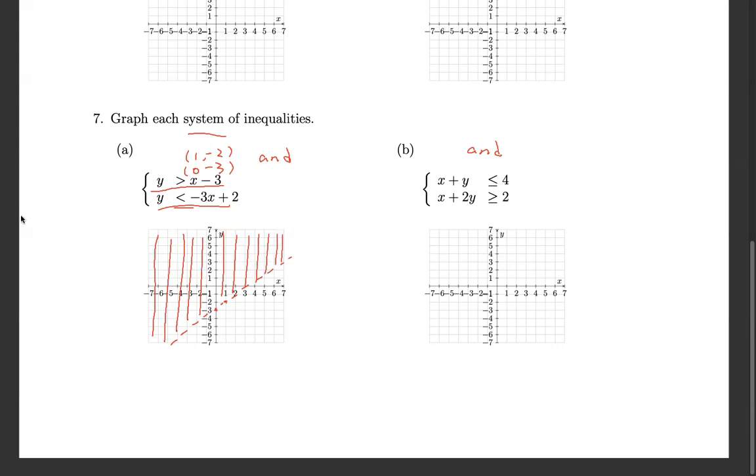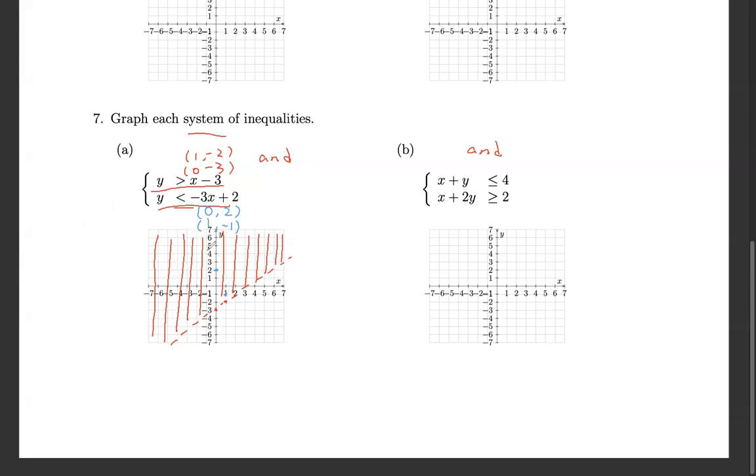Now let's use blue color. For the second one, if x equals 0, we see y equals 2, and we get this point. If x equals 1, we get -1, because -3 plus 2 is -1. So (0, 2) here and (1, -1) somewhere here.